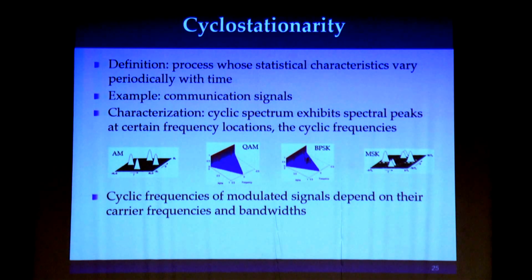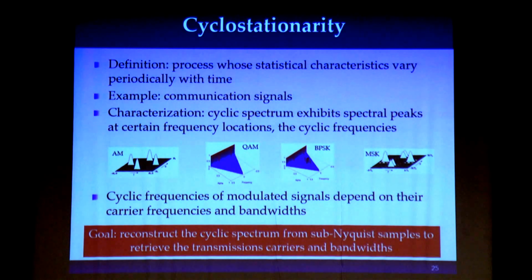What is interesting with these processes is that they have a characteristic function called the cyclic spectrum, which can be viewed as an extension of the known power spectrum. It is a two-dimensional extension, and in the cyclic spectrum we have peaks at certain locations. The locations are called cyclic frequencies, and they depend on the carriers and the bandwidth. Here we see the cyclic spectrum of different modulation families.